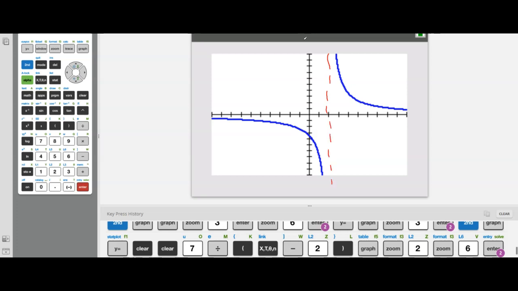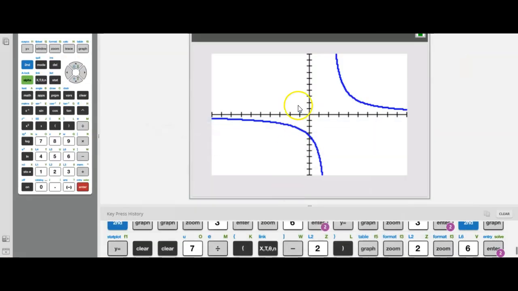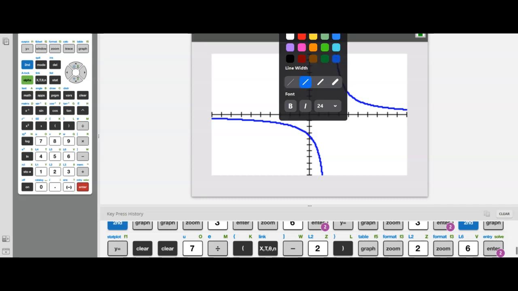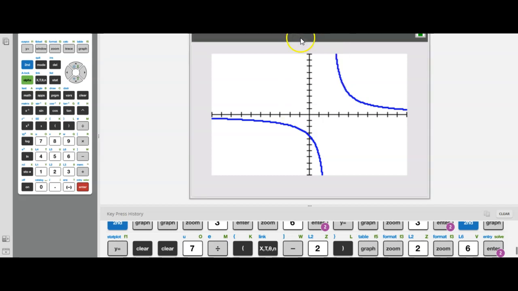Now this limit we were talking about, part A I believe, was as x approaches 2 from the negative side.